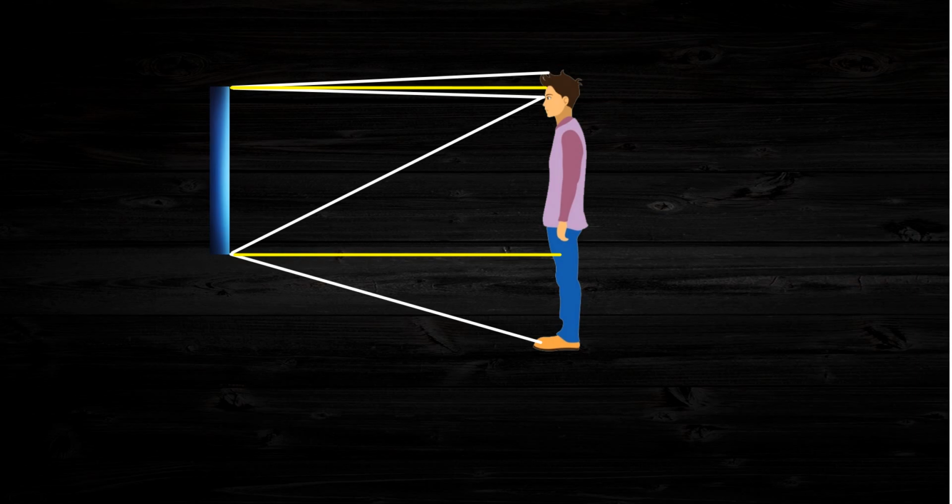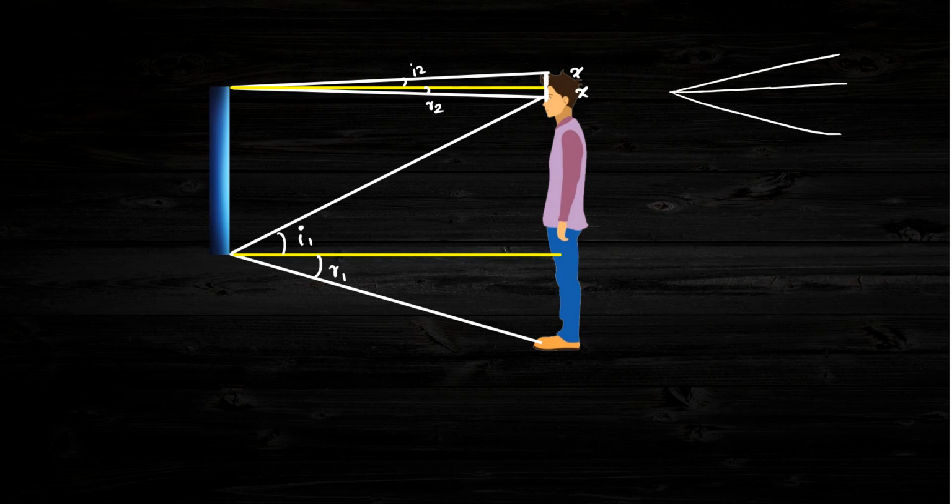Alright, now we know that the angle of incidence is equal to the angle of reflection. So I1 is going to be equal to R1. Similarly, I2 over here is going to be equal to R2. That means that, let us say if this side is X, then this also has to be X, because in this diagram these two triangles are congruent.